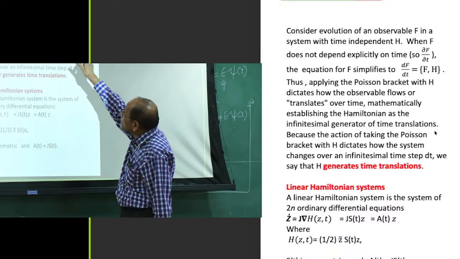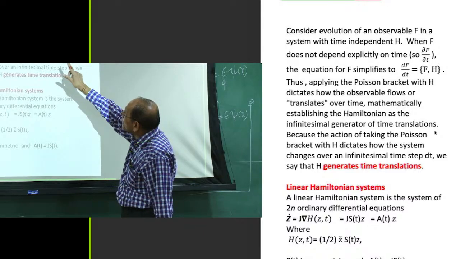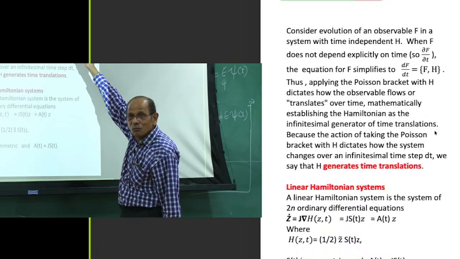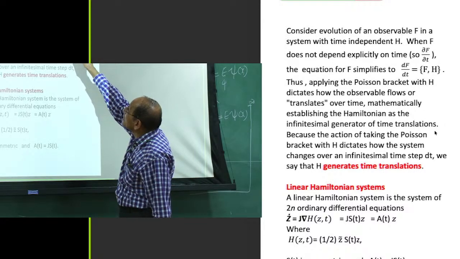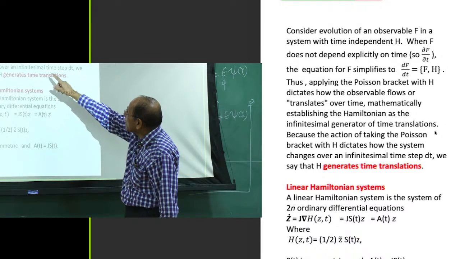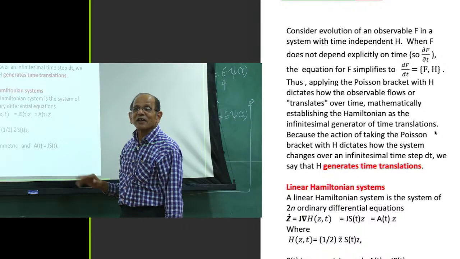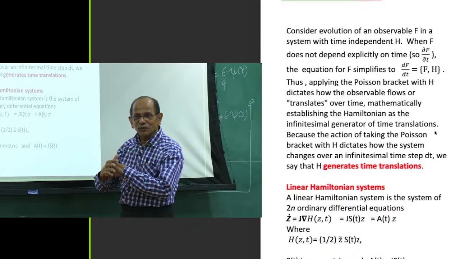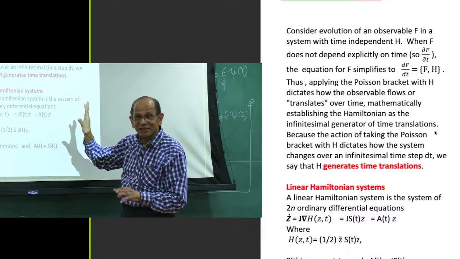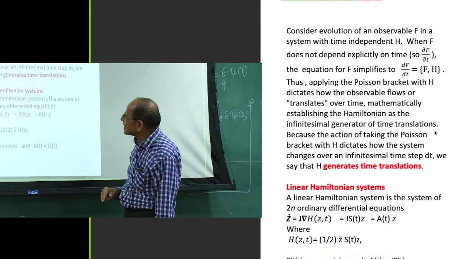Applying the Poisson bracket with h, which is the Hamiltonian, dictates that the observable flow translates over time. So the right hand side is the Poisson bracket, and it decides how f changes with time. So if I consider an infinitesimal time step, then that equation guarantees the time translation. And of course, once you know for some small step, if nothing goes wrong, you can integrate. And this is where the proof is required. I will not give you. Okay, you can see the detailed proofs elsewhere.